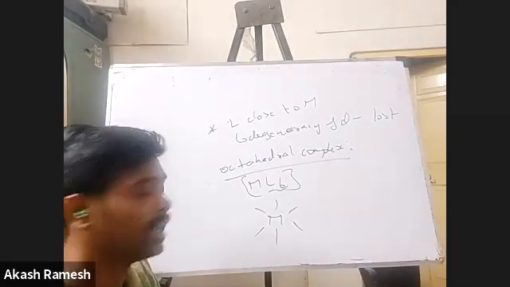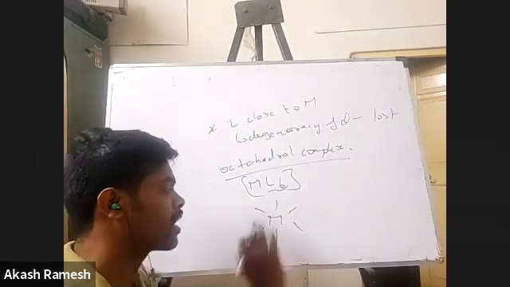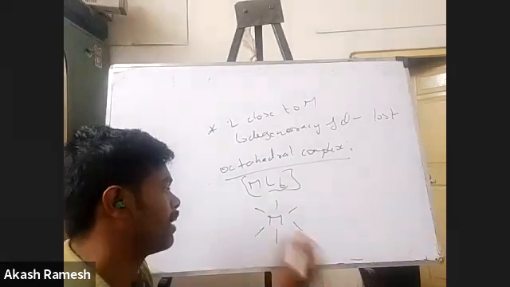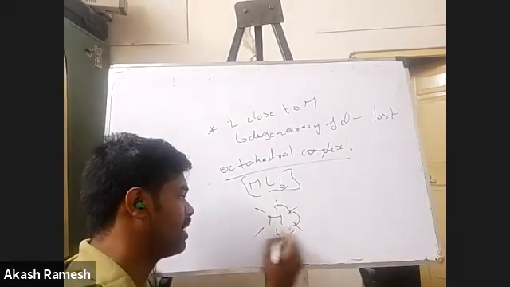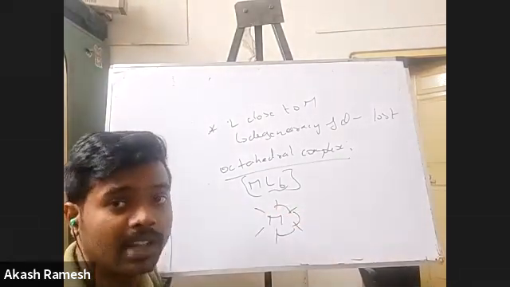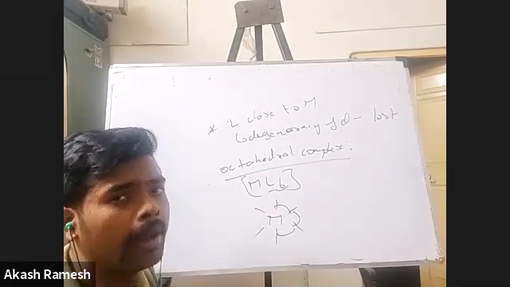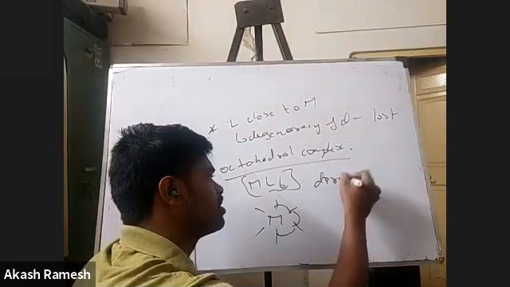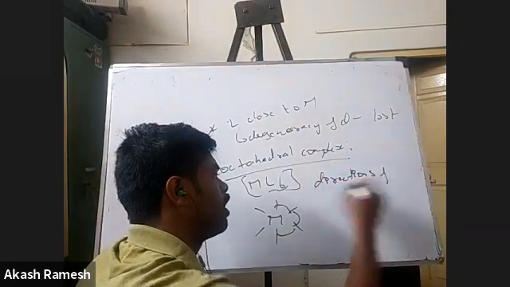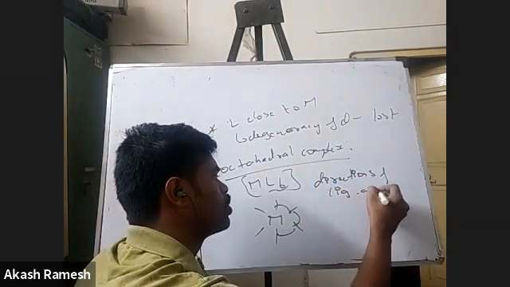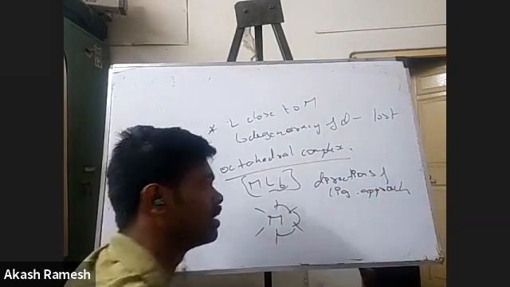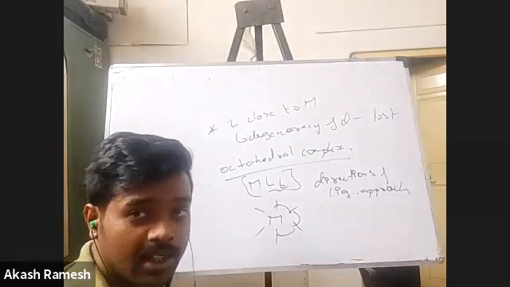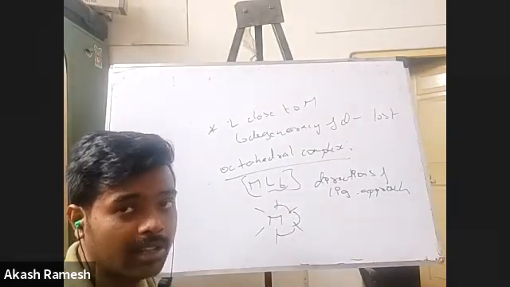Anyways, what you have to understand is all the bonds are actually 90 degrees apart. This bond angle is 90, this bond angle is 90, everything is 90 degrees. Now if everything is 90 degrees, since they are mutually perpendicular, can I say there are going to be 6 directions along which the 6 ligands approach?